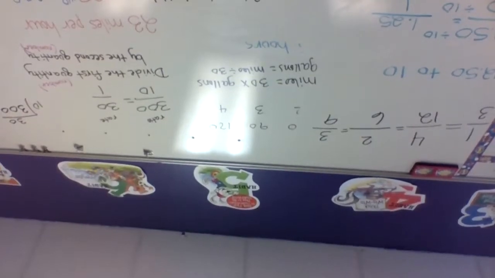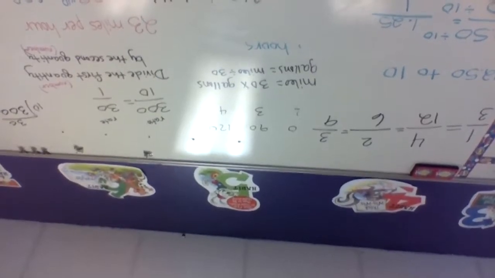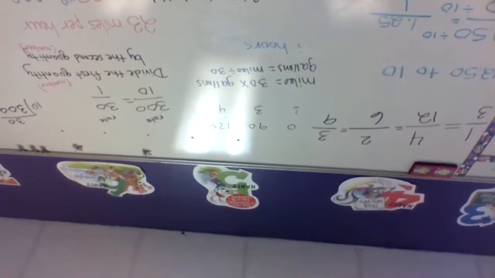So you need to clear your desk so that you don't lose the fraction. Okay, clean up your desk. You want to make the fraction, and you have to put them on the number line. You gotta look at the number line first. Okay. You gotta look at the number line.